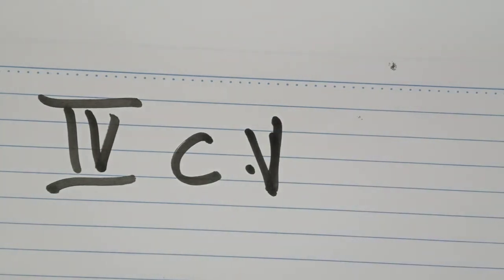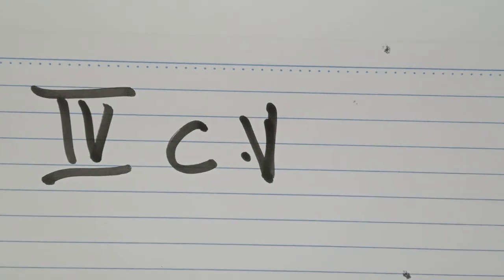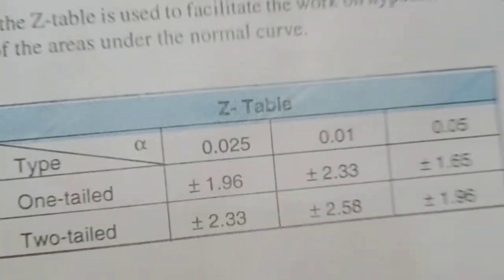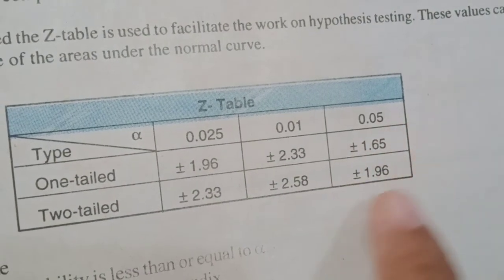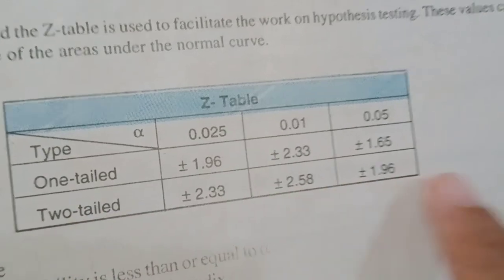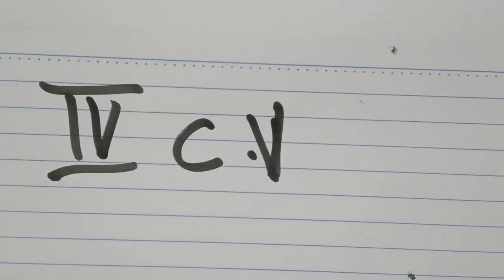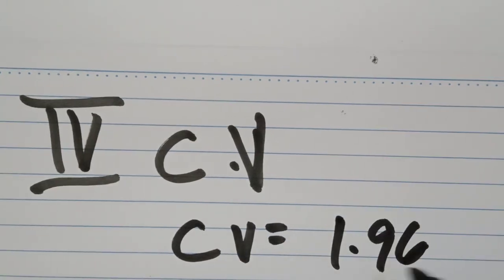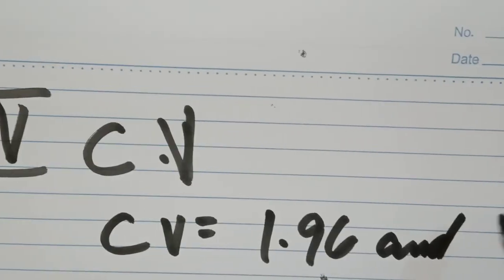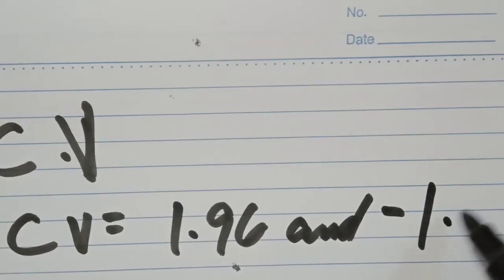Ang critical value natin batay sa pinakita ko ng table, kapag 5% level of significance at two-tailed siya, 1.96, at saka ang critical value natin 1.96 and negative 1.96.